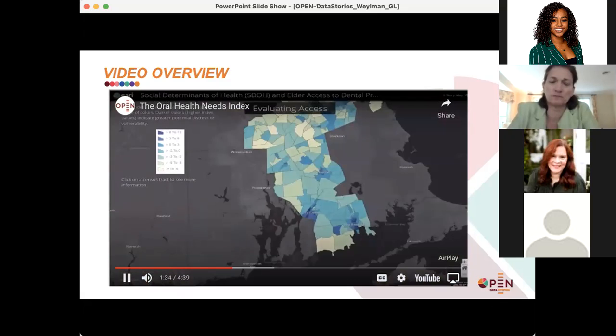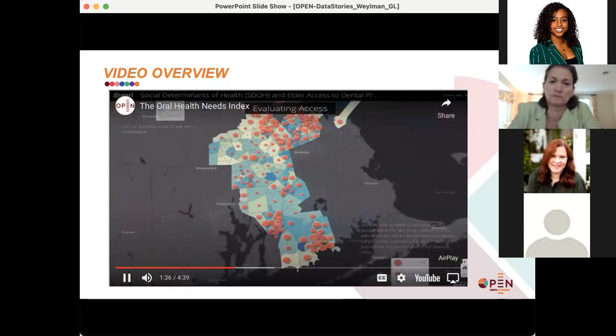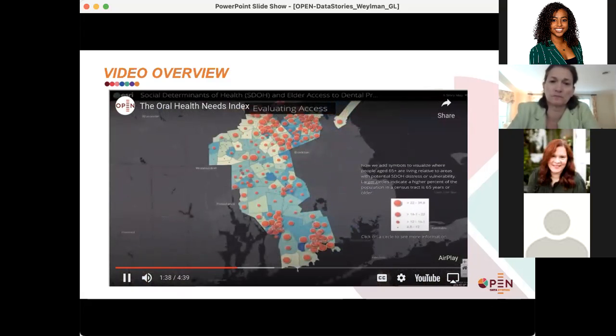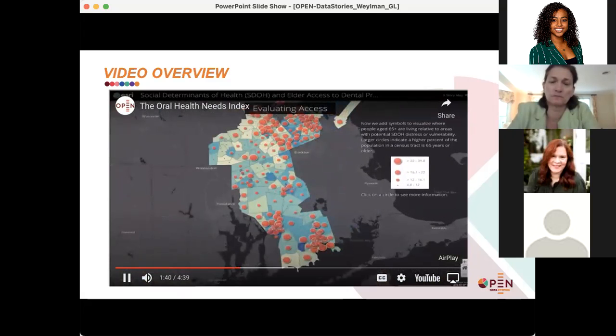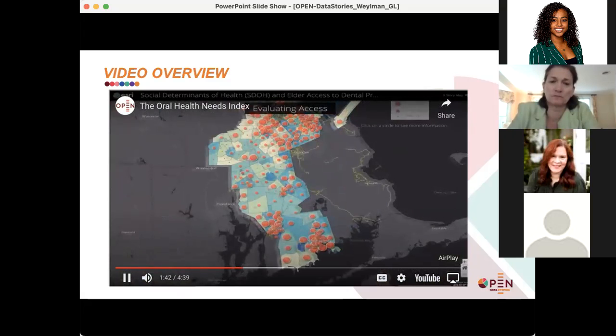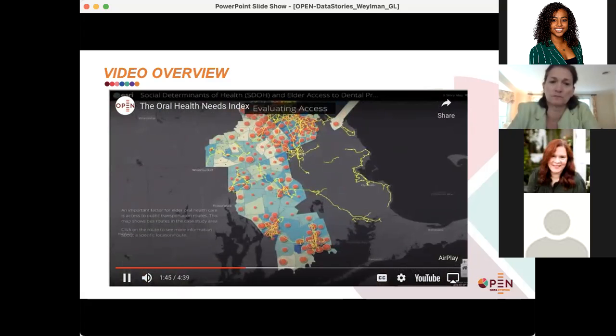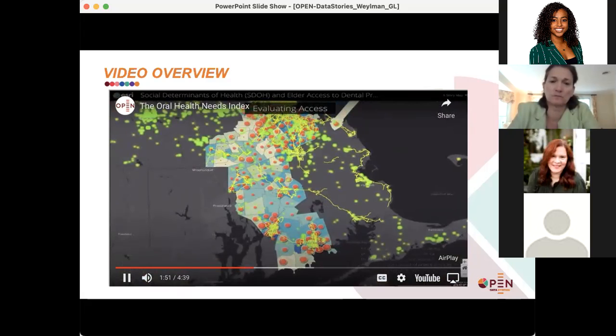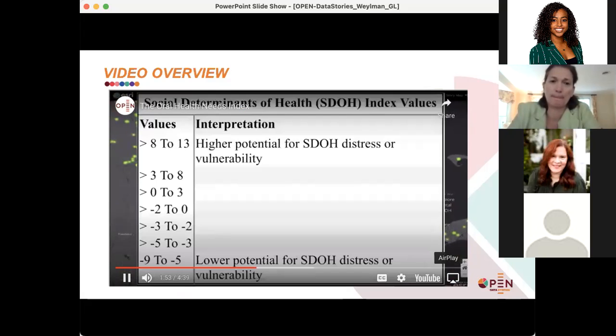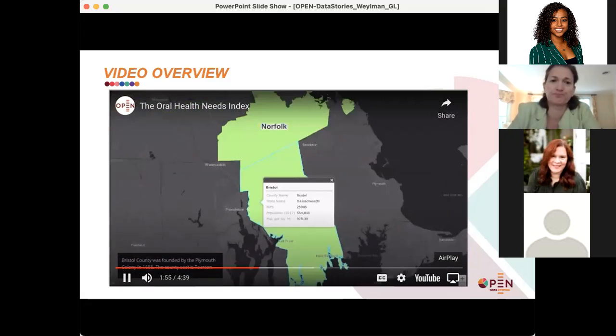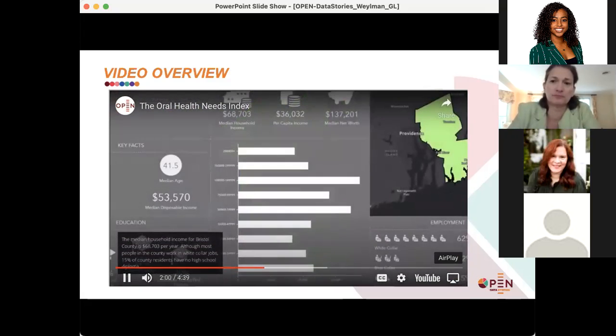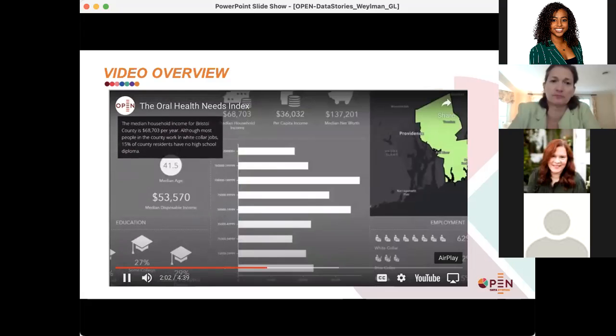The maps and social determinants of health and elder access to dental providers allow interactive evaluation of where people aged 65 and older live in relation to dental providers and public transportation routes, and whether the census tracts they live in are potentially vulnerable areas based on the case study Social Determinants of Health Index. These data visualizations can be used to evaluate and prioritize elder access to dental providers in the case study area.